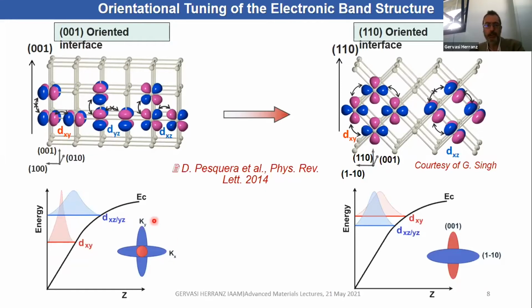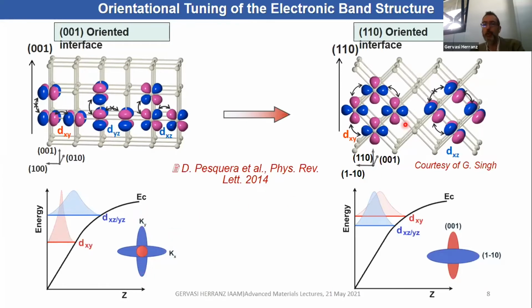And here you see how the cross-section of the Fermi surface looks for these different orbitals, meaning that dxy has an isotropic shape, while the dxz and dyz have a quite anisotropic shape.